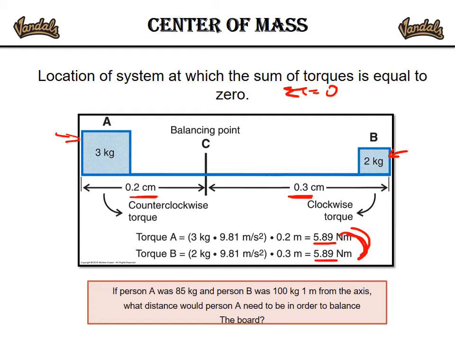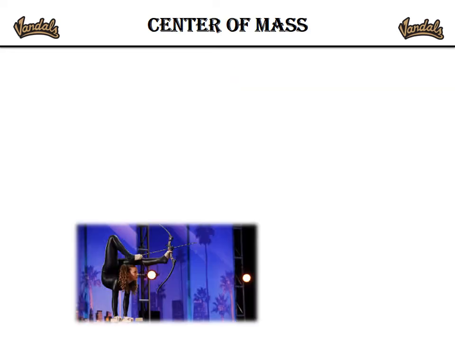So if person A is 85 kilograms and person B is 100 kilograms, and the person that's 100 kilograms is 1 meter from the axis, you can calculate the distance person A would have to be in order to balance the board. And that's by making the sum of the torques equal. So you set sum of torque equals sum of torque, and you know how to calculate each of these to create a balanced equation.